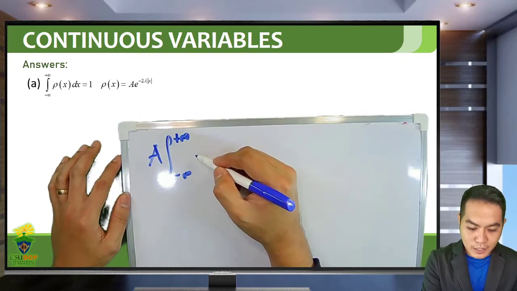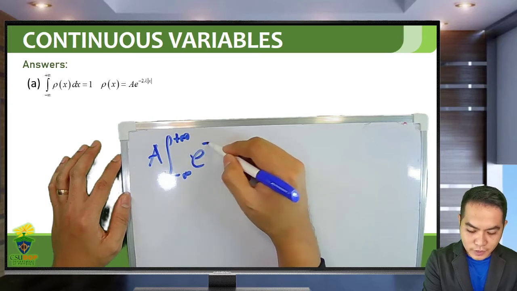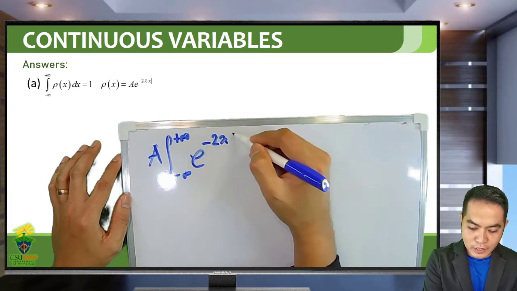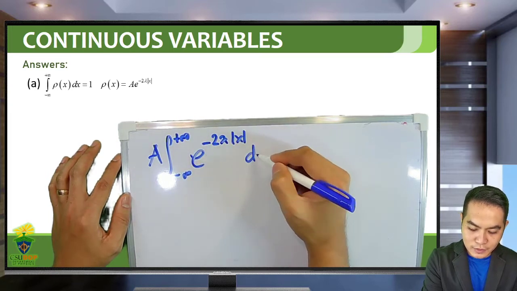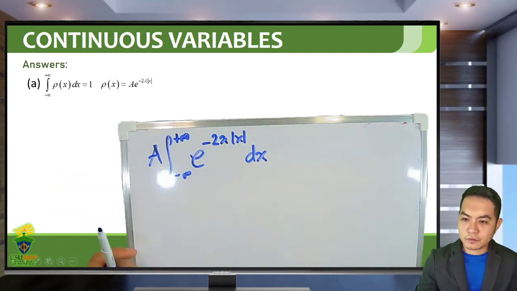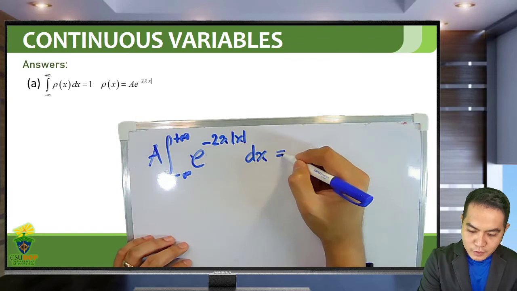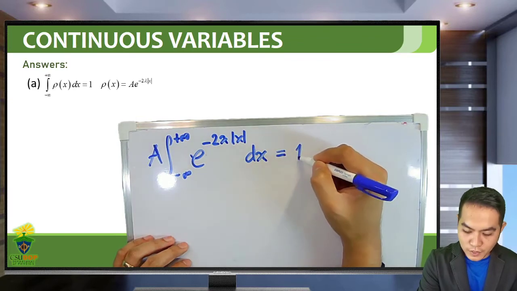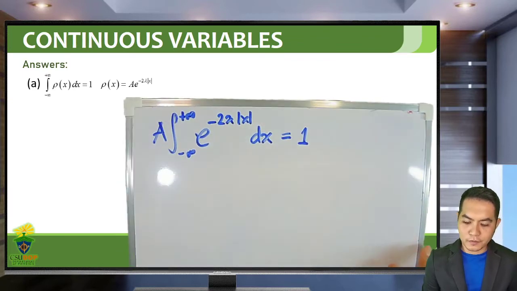Then inside the integral we have e to the negative 2 lambda absolute value of x dx, and this is equal to 1.